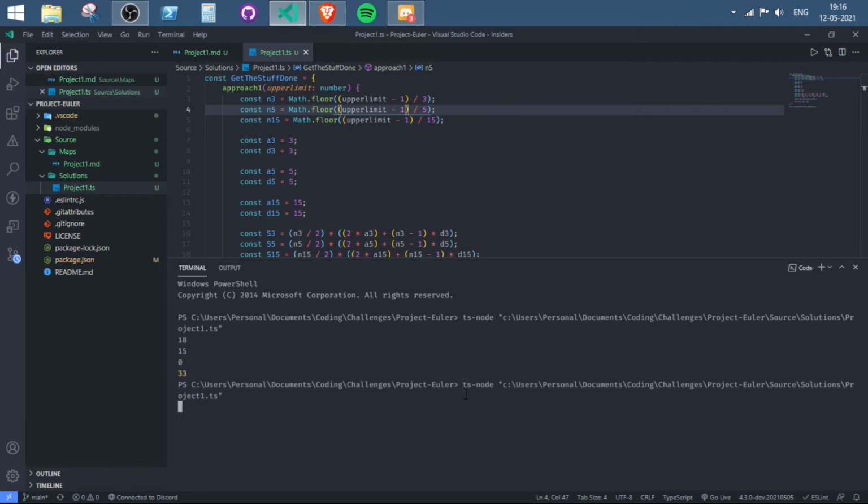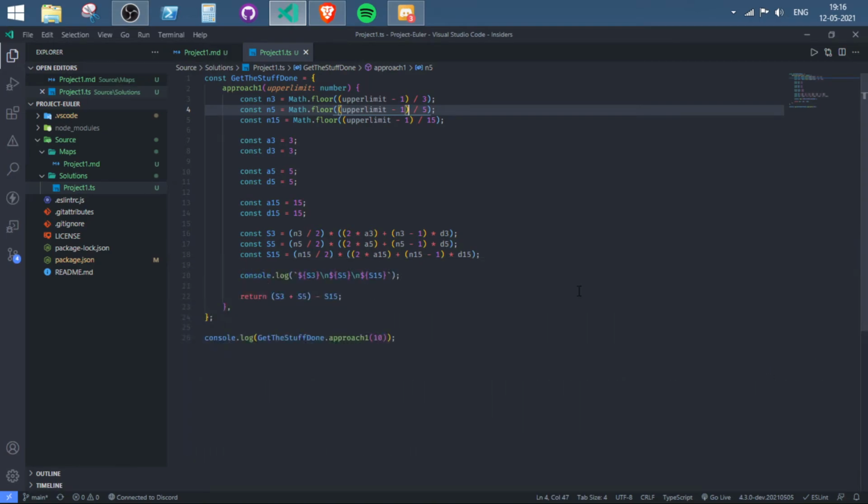Now that should run it. TS node can be so slow. Yeah. So I think approach 1 is clear.